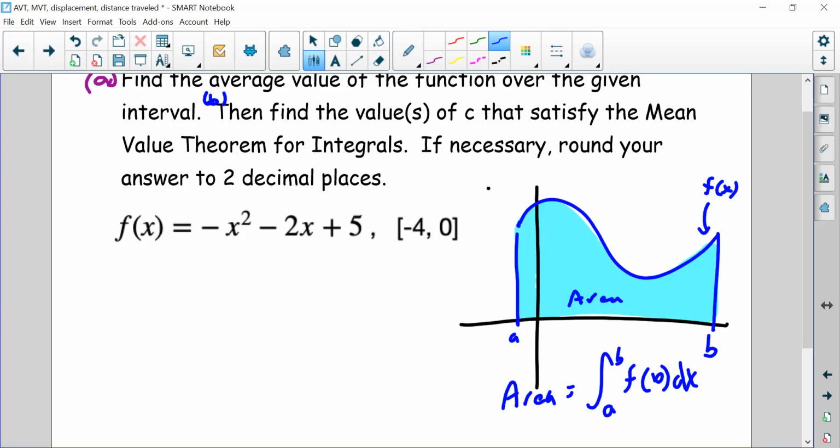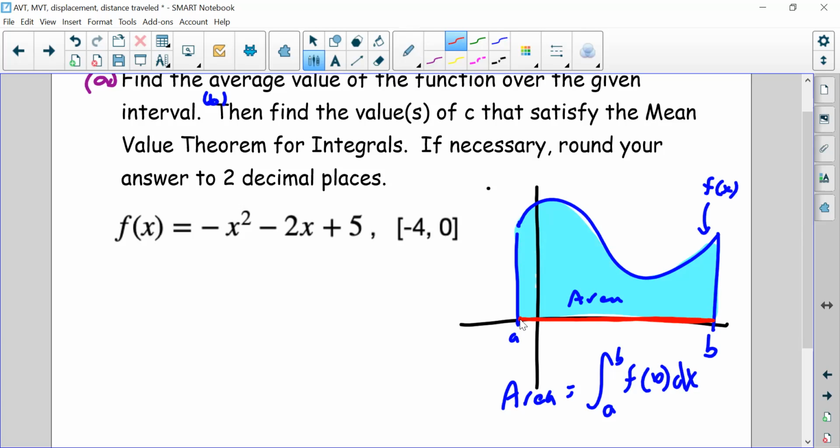The mean value theorem says, okay, that's a funky shape that's hard to deal with. So is there some place on here that I can make a perfect rectangle that has the same width as my interval, but when I make the rectangle, it has the absolutely same area as the area under the curve?